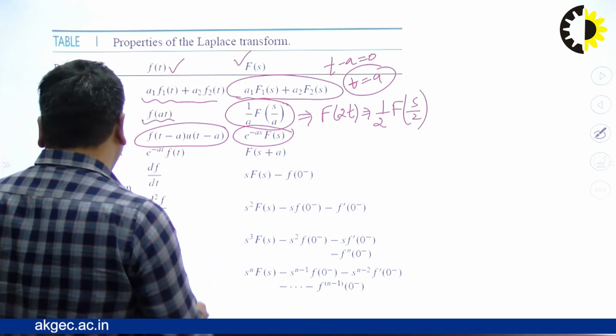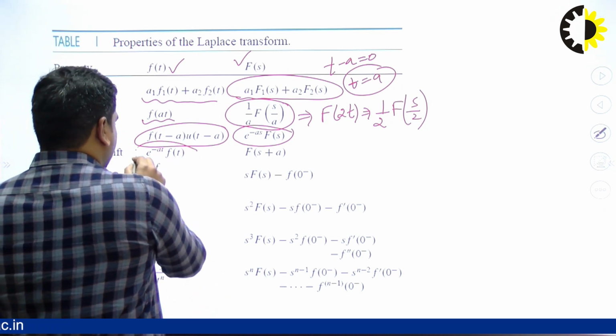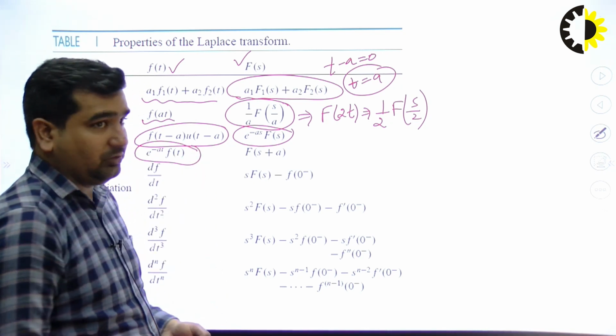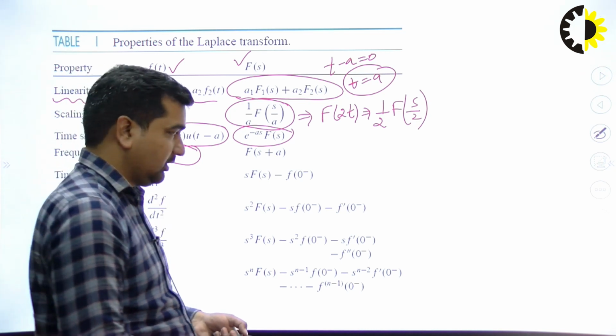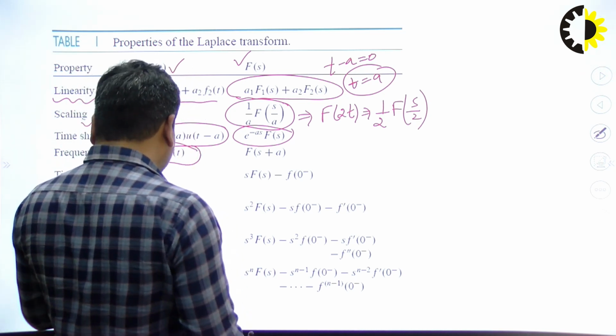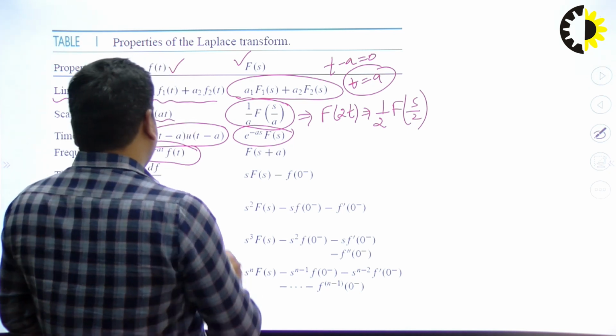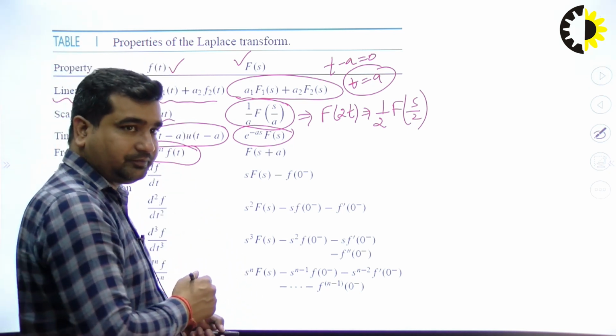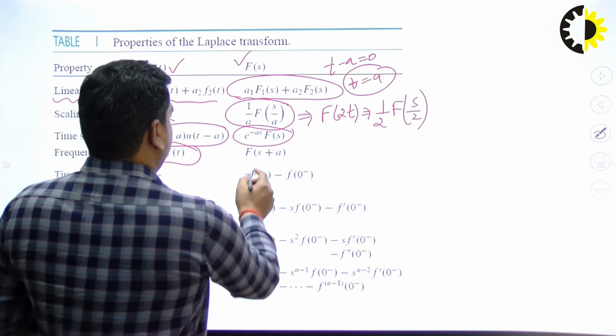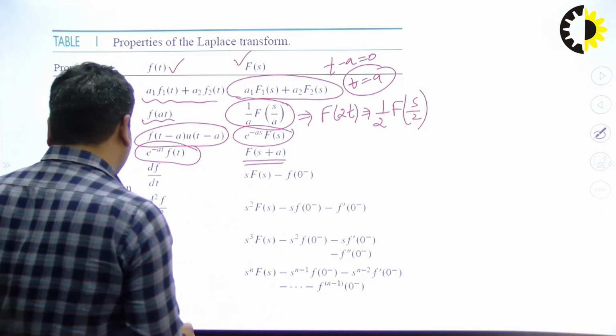Here it is frequency shifting. If we know the Laplace transform of f(t) and we want to find the Laplace transform of e to the power minus at f(t), then it is F(s plus a).